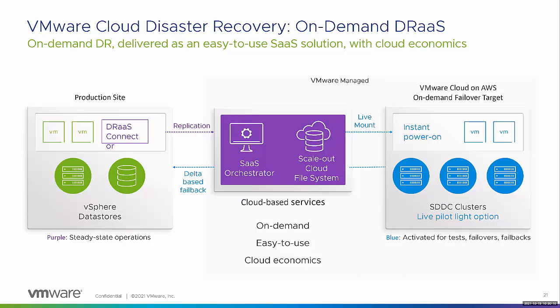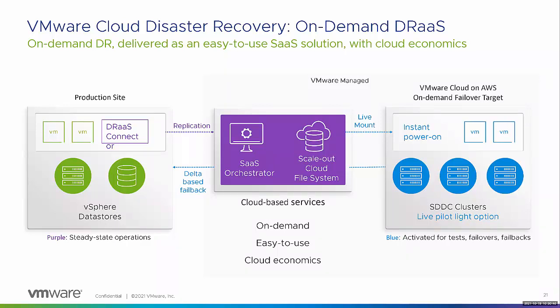And the idea with VMware Cloud DR is that we change the architecture a bit in that, instead of requiring an SDDC at both sides, a full running SDDC with vCenter and hosts and storage and all of those things all the time, what we support with VMware Cloud DR is that we replicate to a scale-out cloud file system.